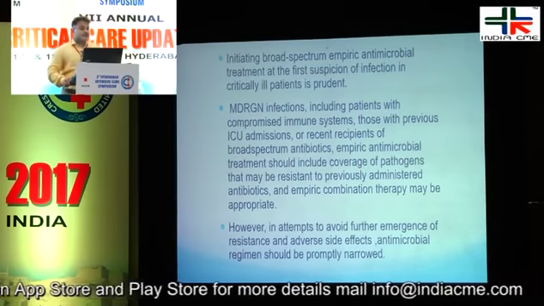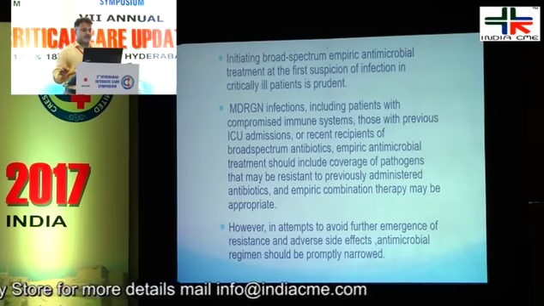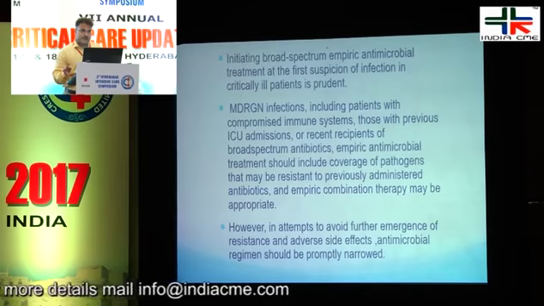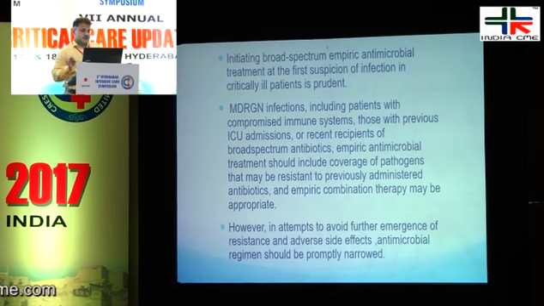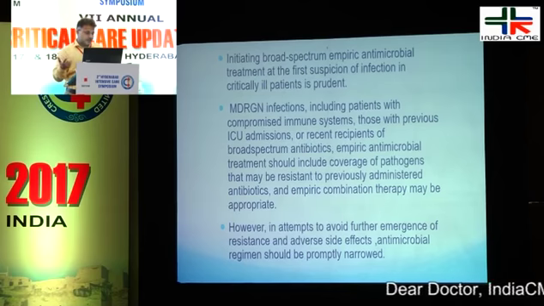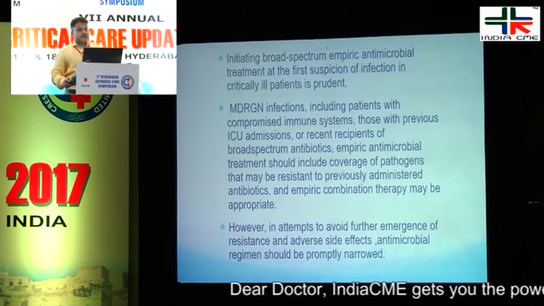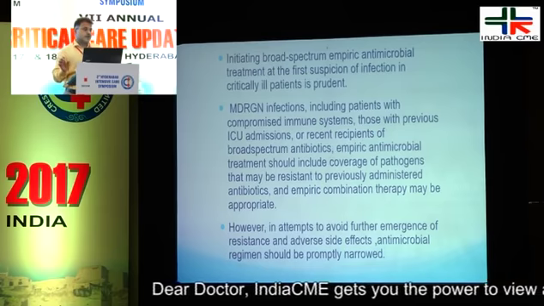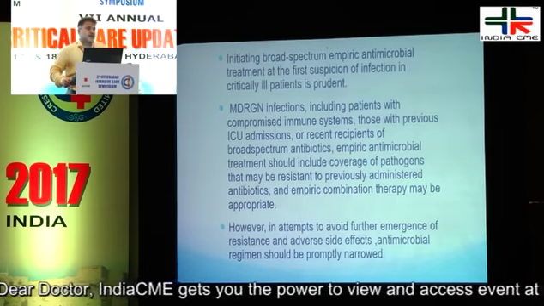Initiating broad spectrum empirical antibiotic therapy at the first suspicion of infection in a critically ill patient is important, but you need to come down later. When you suspect multi-drug resistant infection, including in a patient with compromised immune system, with ICU admission, or a recipient of broad spectrum antibiotics, empirical antimicrobial treatment should include coverage of pathogens that may be resistant to previously administered antibiotics.